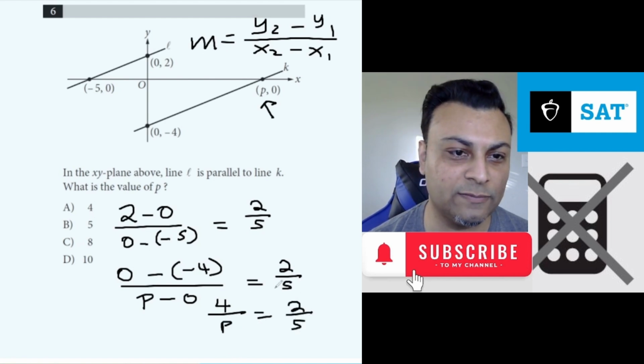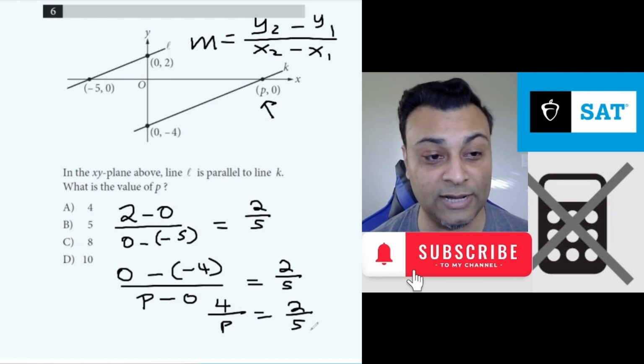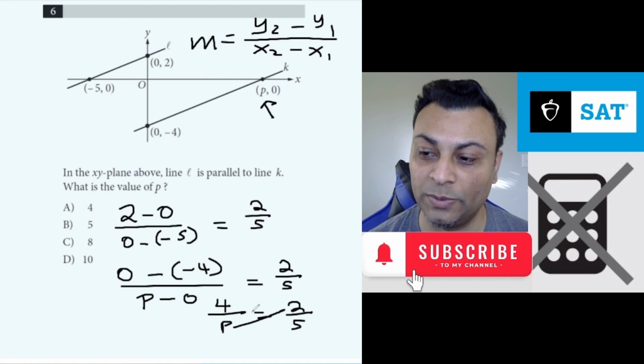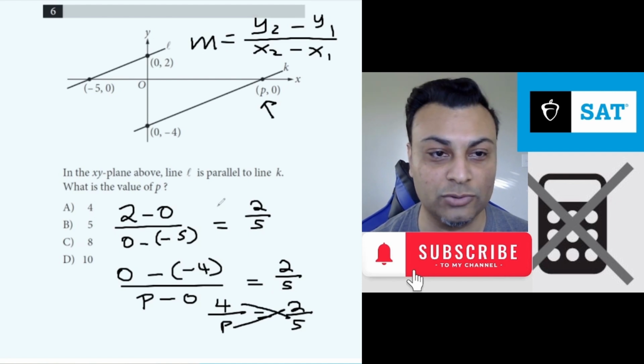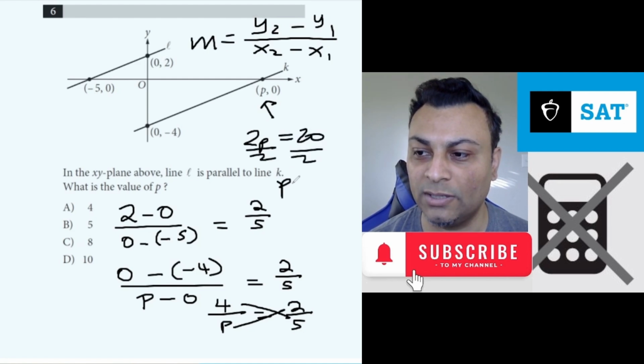You can see by observation that this 4 is double the 2, so p must be double the 5, and p has to be 10, so you can get the answer of 10 immediately. Another way is to cross multiply, and you get 2p equals 4 times 5, so 2p equals 20. When you divide by 2, you still get p equals 10, so the answer is 10.